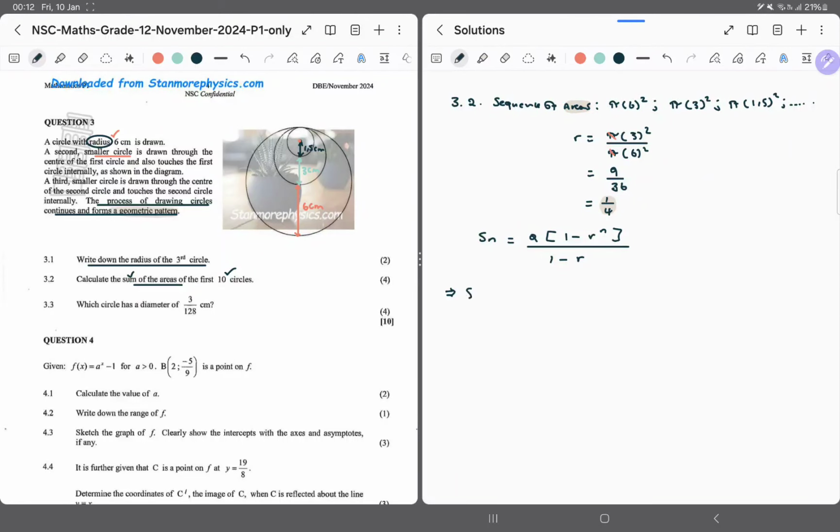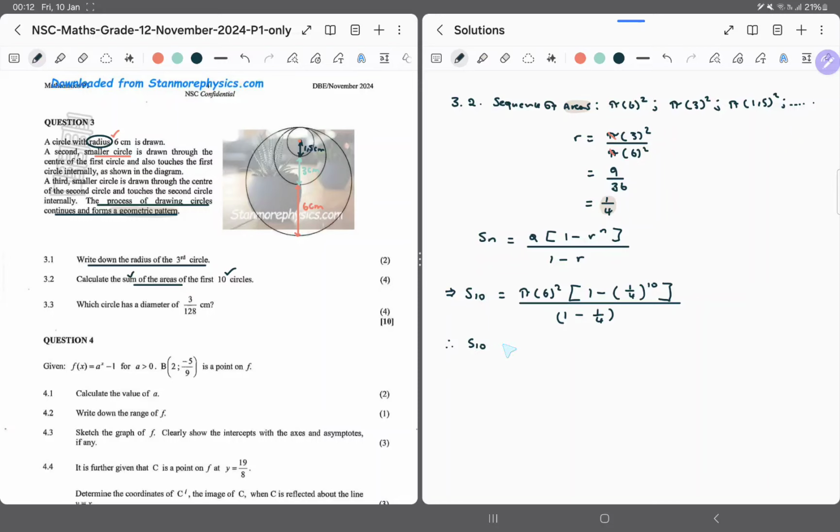This implies that S10 is going to be, now a is pi 6 squared into 1 minus a quarter to the exponent 10, all divided by 1 minus a quarter.